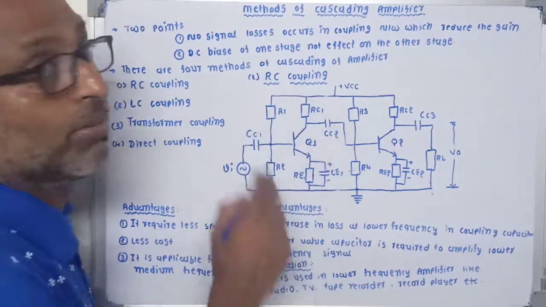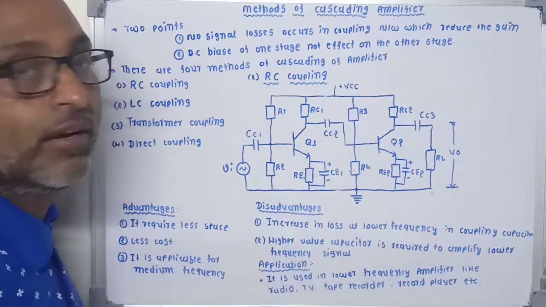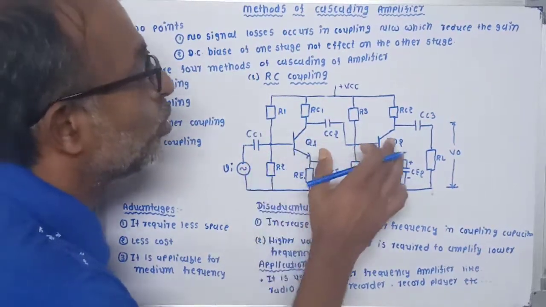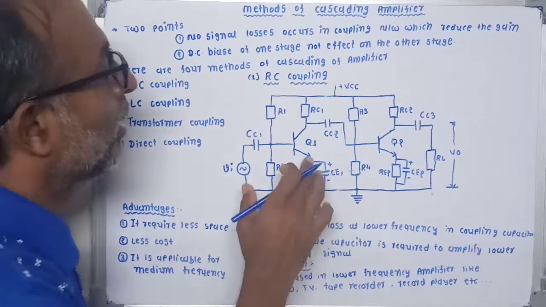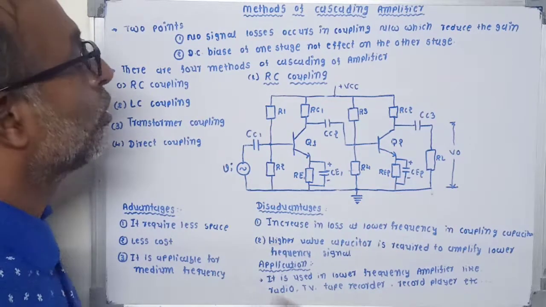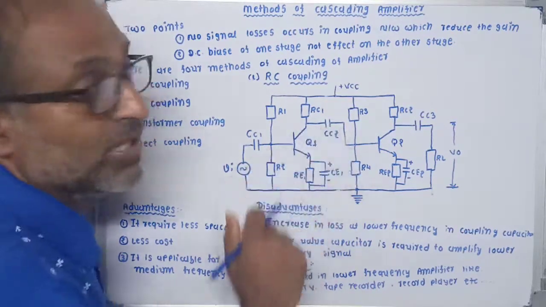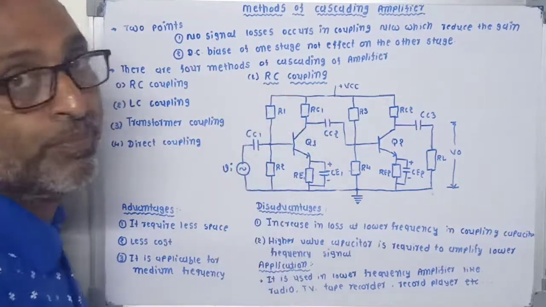First, RC coupling. Now this is the basic circuit of RC coupling. Here we are taking only 2 stages. As shown in this figure, there are 2 common emitter type amplifiers connected through resistance and capacitor. That's why this is called resistance capacitor coupling.